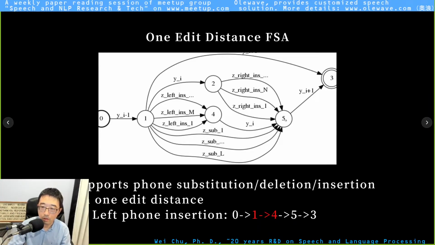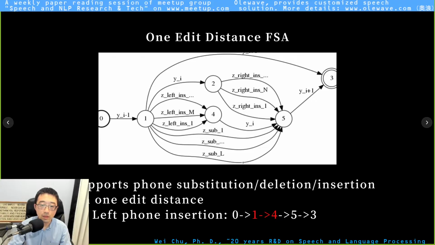Then you go from 5 to 3, so it can accept y sub i plus 1. Same thing for deletion. You cannot see it here, sorry about this. It's y sub i minus 1, then from 1 to 3 it will be y sub i plus 1.